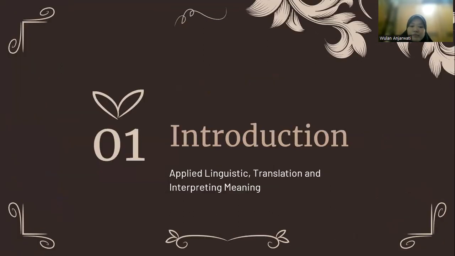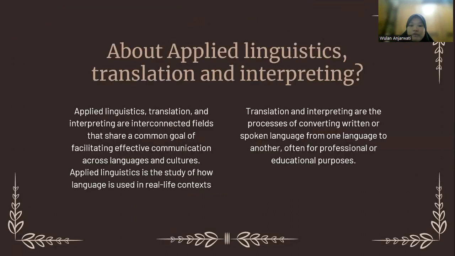First, there is an introduction: the meaning of applied linguistics, translation, and interpreting. Applied linguistics, translation, and interpreting are interconnected fields that share a common goal of facilitating effective communication across languages and cultures.